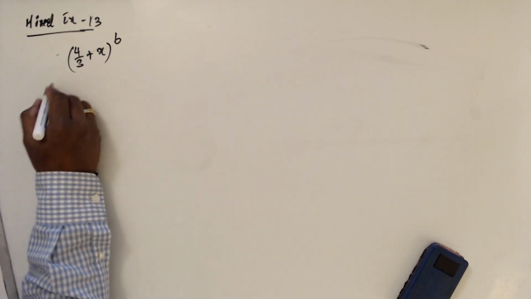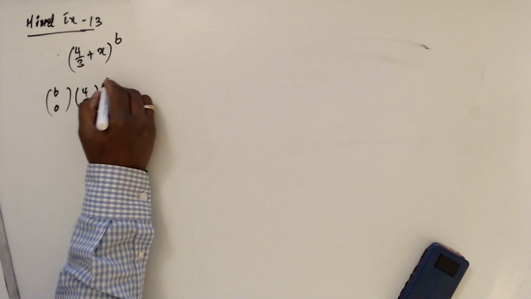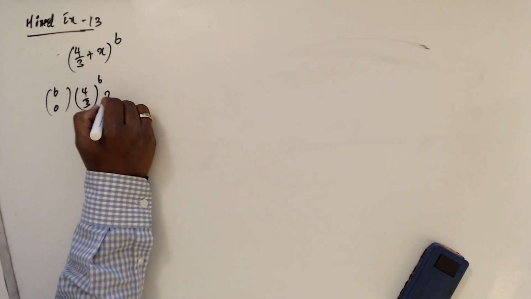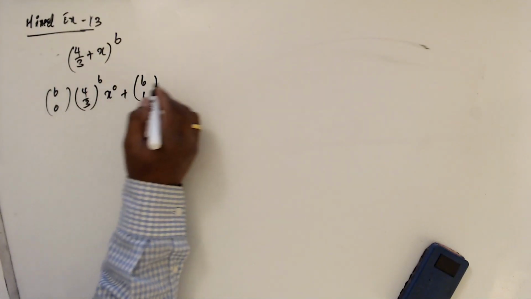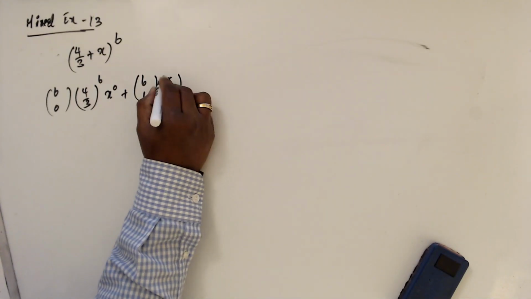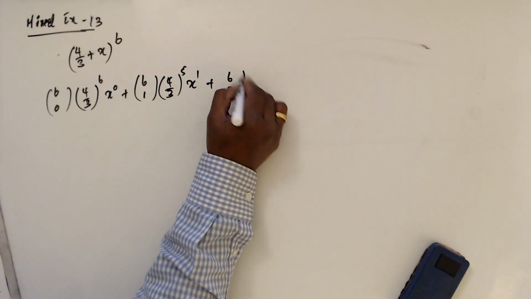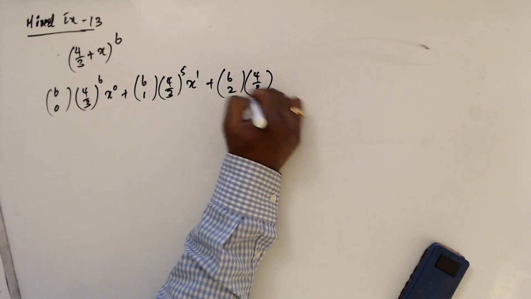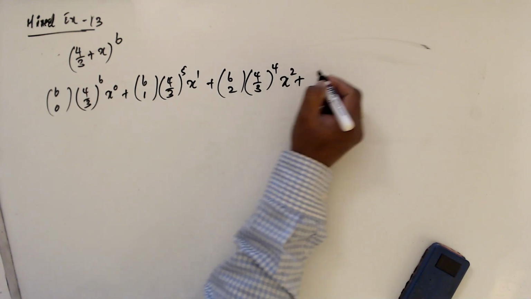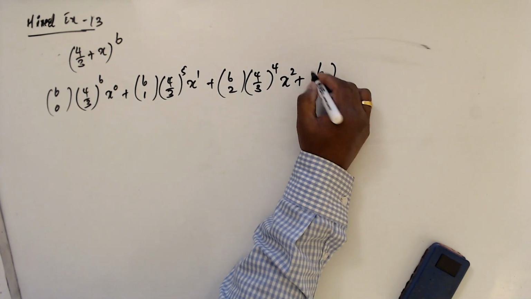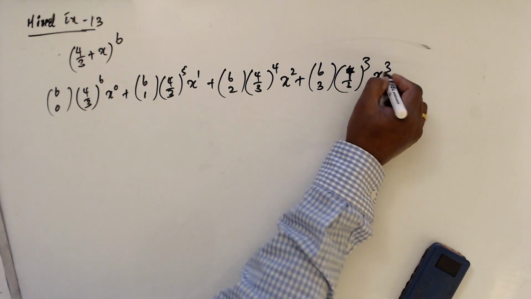Now I want to expand (4/3 + x)^6. That is C(6,0)(4/3)^6 x^0 + C(6,1)(4/3)^5 x^1 + C(6,2)(4/3)^4 x^2 + C(6,3)(4/3)^3 x^3 and so on.